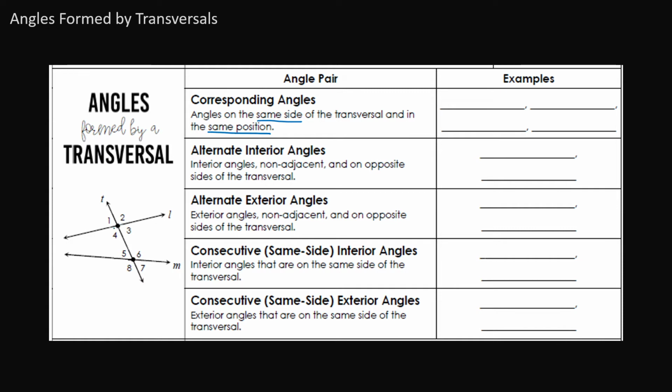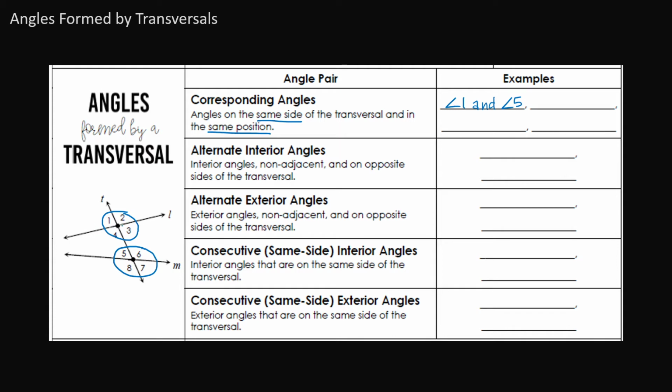So I'm seeing quite a few. If I look at these angles kind of like quads, I see a quad with angles 1 through 4, and a quad with angles 5 through 8. I see that angle 1 and angle 5 are in the top left quadrant, I guess you can say. They're in the same position as each other. So I would say that angle 1 and angle 5 are a pair of corresponding angles.